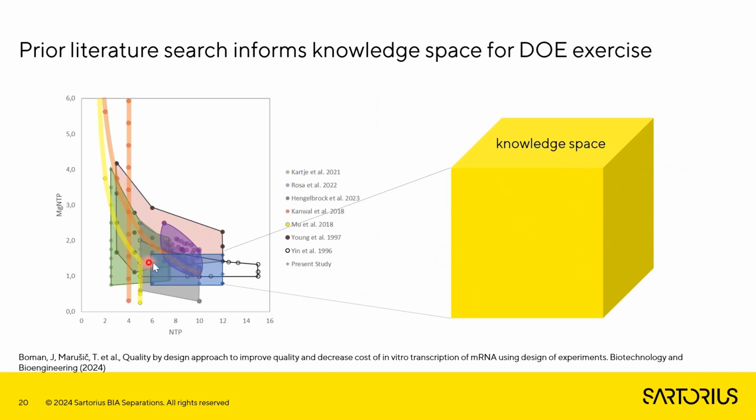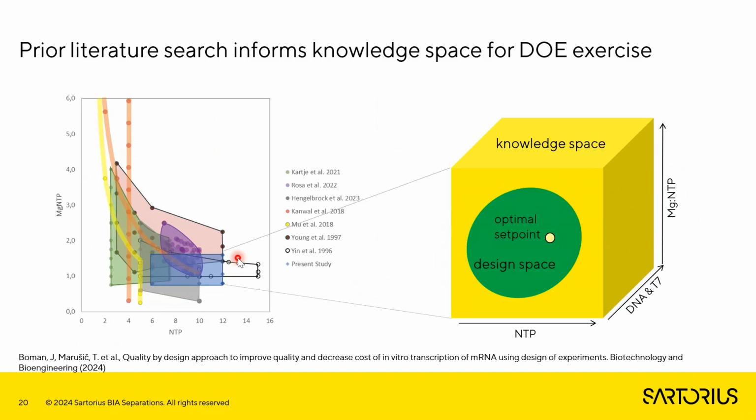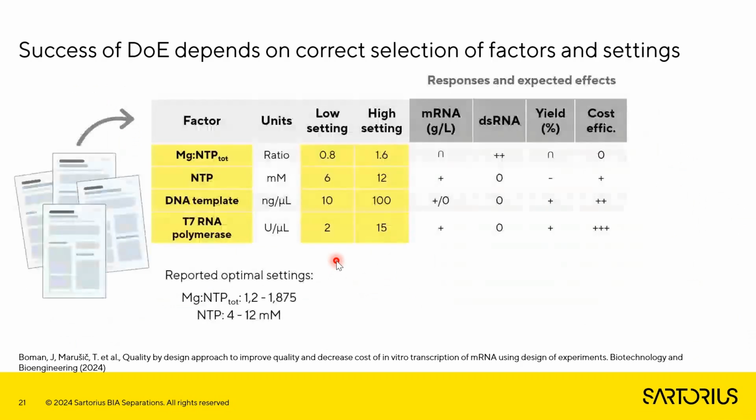We found that the space which gave the best results, particularly in terms of NTP and magnesium to NTP ratio, was actually relatively narrow, because most of these experiments profiled here in quite a breadth of conditions didn't actually yield very much RNA or didn't yield very pure mRNA. So we decided to define our knowledge space as this. And within that knowledge space, we would look for our design space and find the optimal set point.